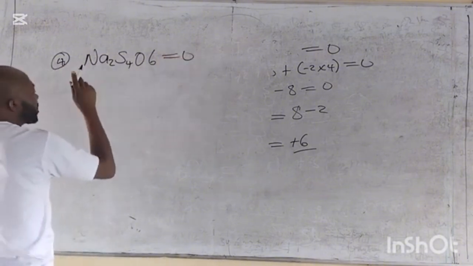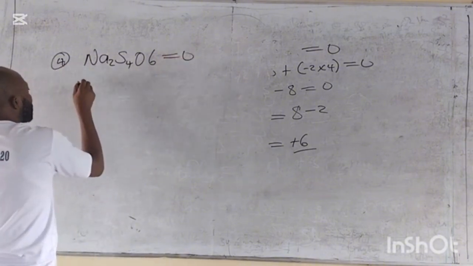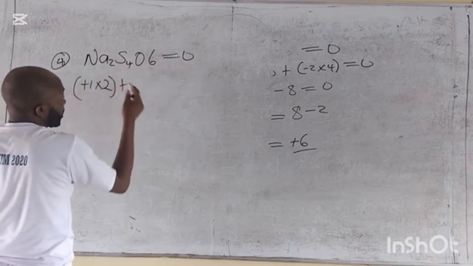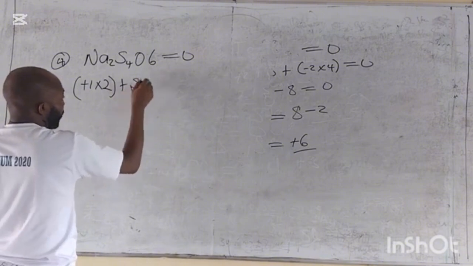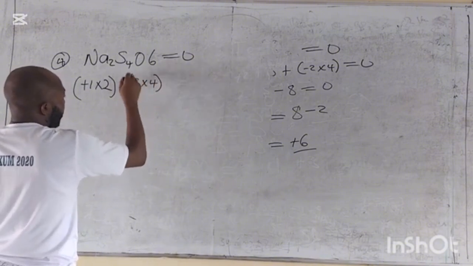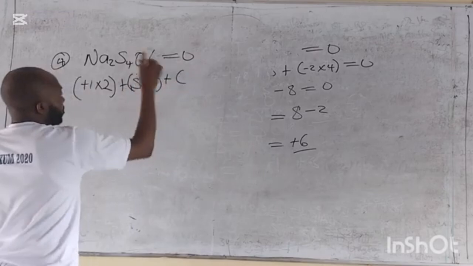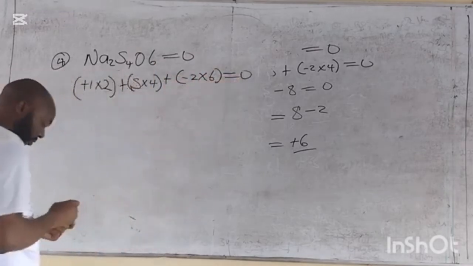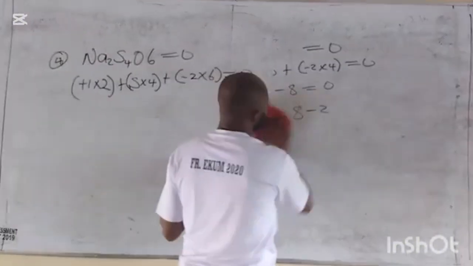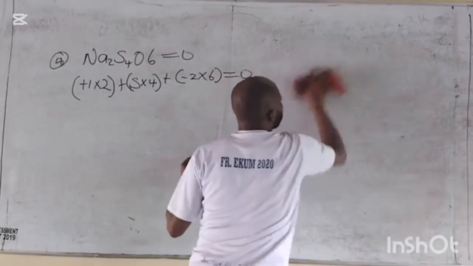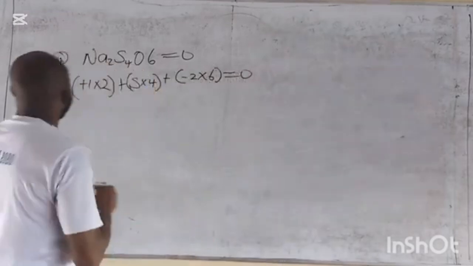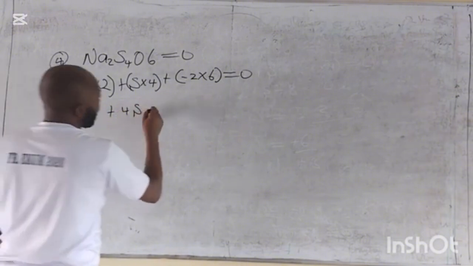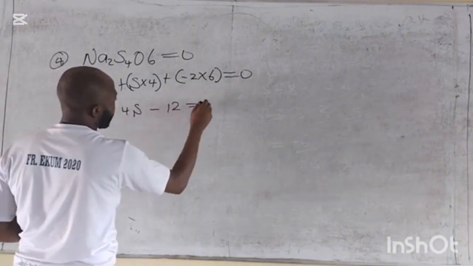So sodium is plus 1, the valence state, plus 1 times 2, plus sulfur is what we're looking for, so sulfur times 4, plus oxygen is minus 2, minus 2 times 6, equals 0. Now this is 2 plus 4x minus 12 equals 0.